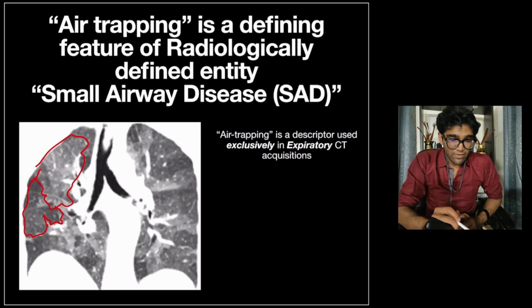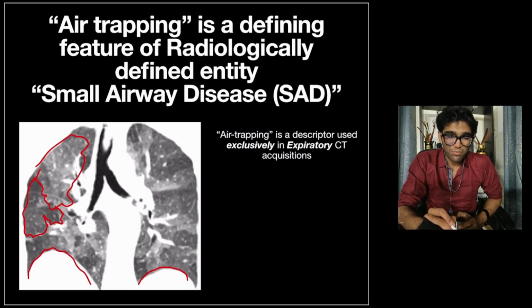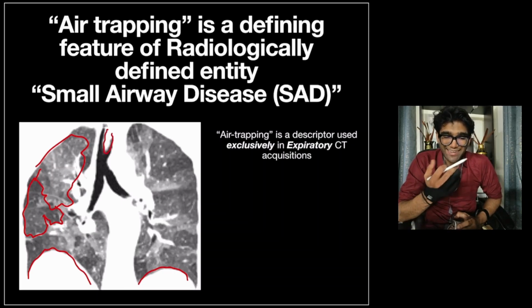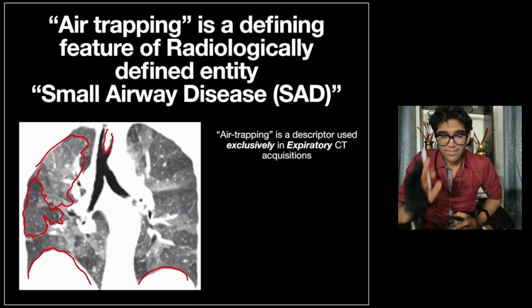Importantly, the diaphragm is elevated here. So this is actually an expiratory CT during the patient's expiration. You can even see the posterior wall of the trachea coming anteriorly. So this is definitely an expiratory CT. And again, air trapping is only described in an expiratory CT.